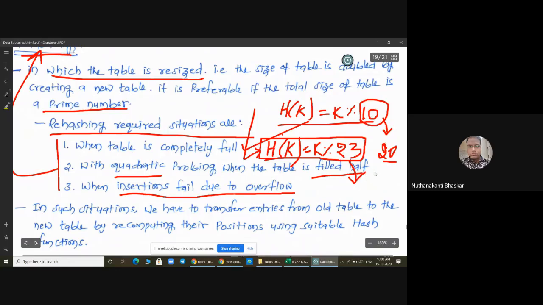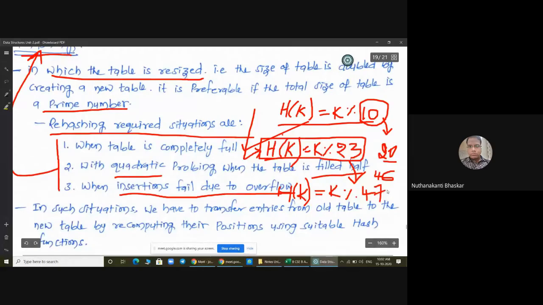Here that is 46. What is the nearer prime number for 46? 47. We must use 47.